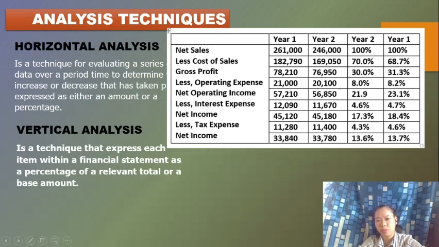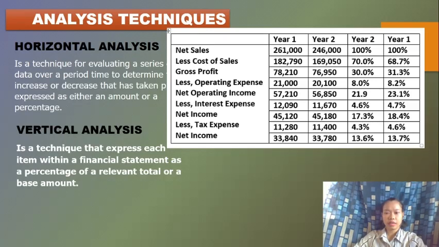So for example, in the table, the 100% here is the net sales, so you divide each item by net sales. For example, 182,790 divided by 261,000 equals 70.0%.